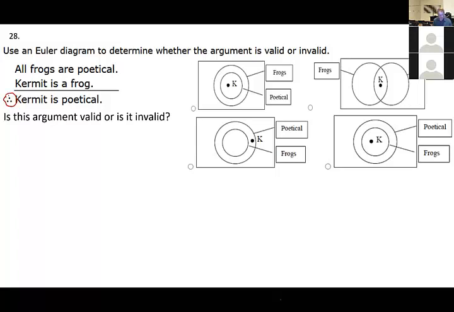And we're also assuming that Kermit is a frog. And we want to say, knowing those two premises, is the conclusion. The thing under the horizontal line is called the conclusion. These are the premises, and this is the conclusion. So if the premises are true, does the conclusion follow?